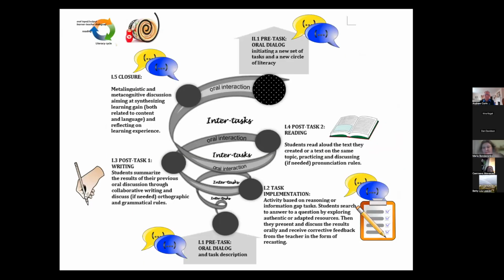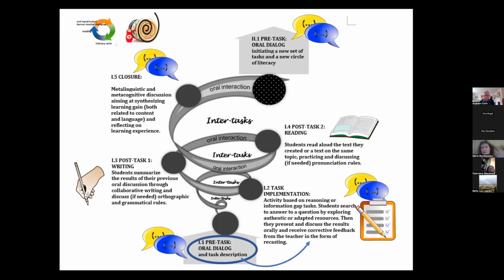Here is the representation of the final product of such amalgamating. You can see that the learning-teaching module starts with a pre-task based on oral dialogue between teachers and learners.